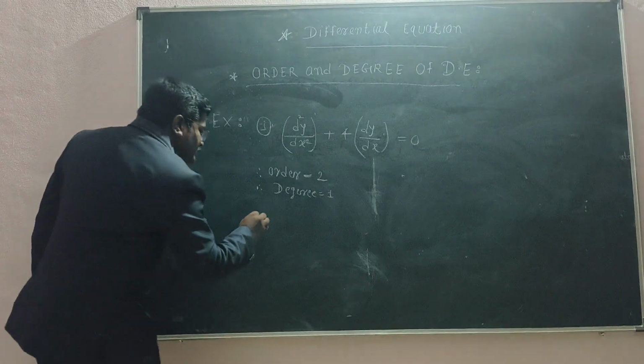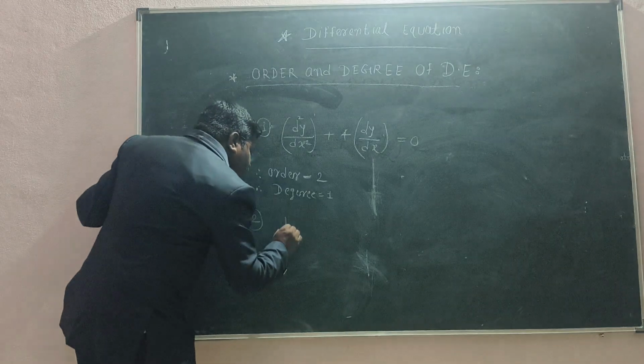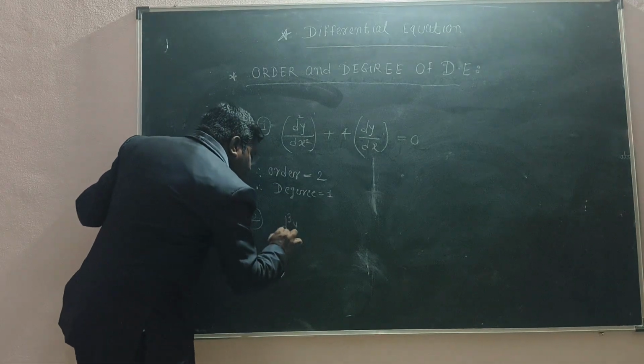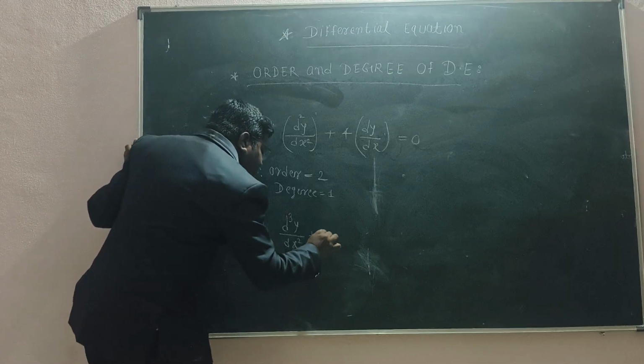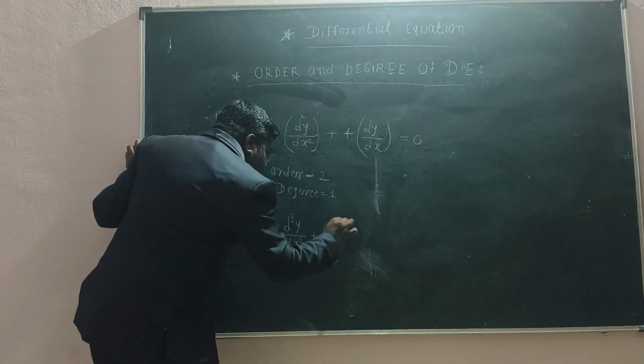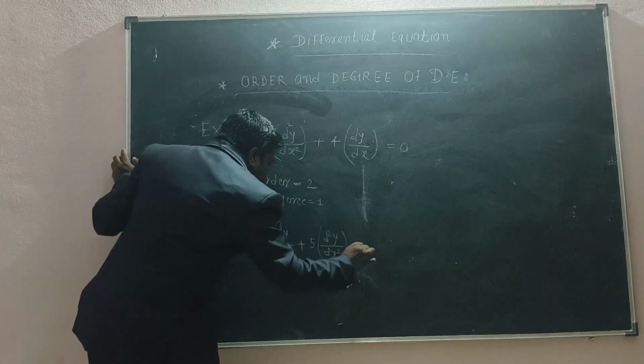Now the second example: d cube y by dx cube plus 5 d square y by dx square is equal to 0.